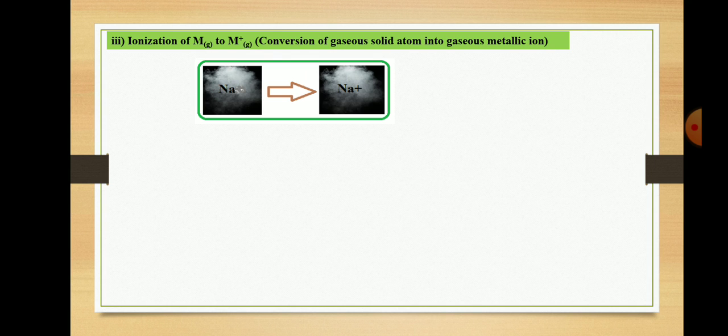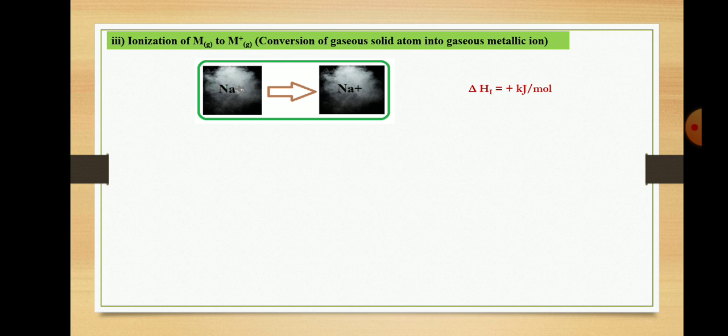So that is nothing but how we can get this process. Very simple, by giving some amount of energy, one valence electron present in an atom is removed from that shell, and it carries a positive charge. So this is called ionization energy.